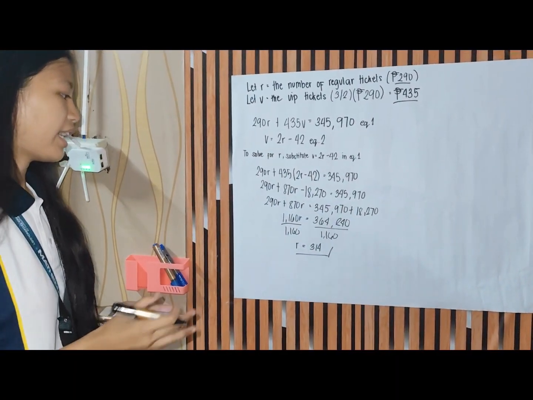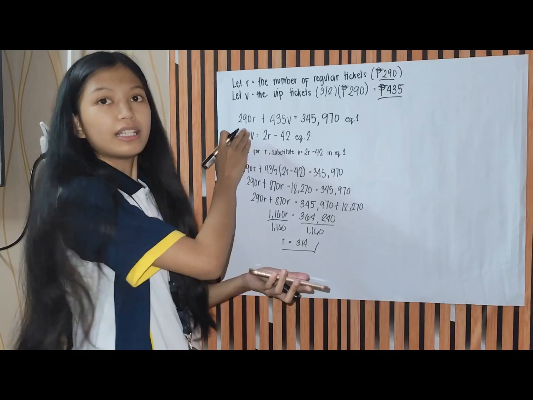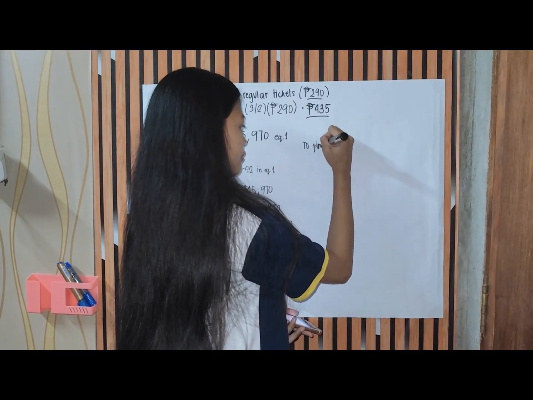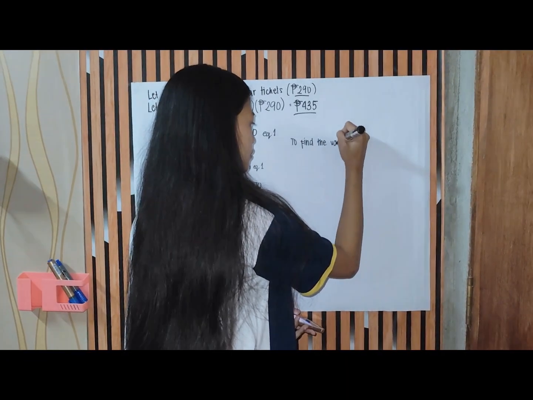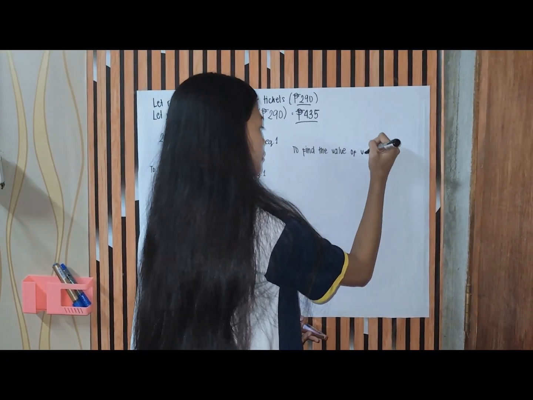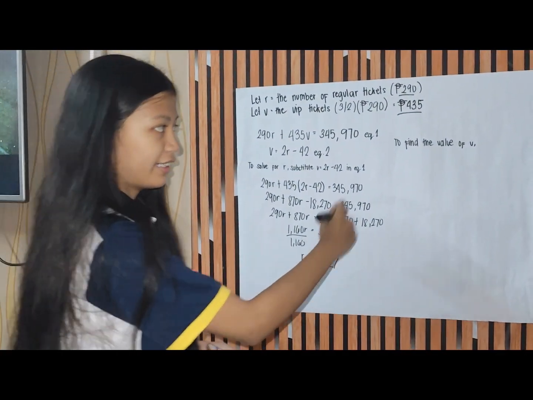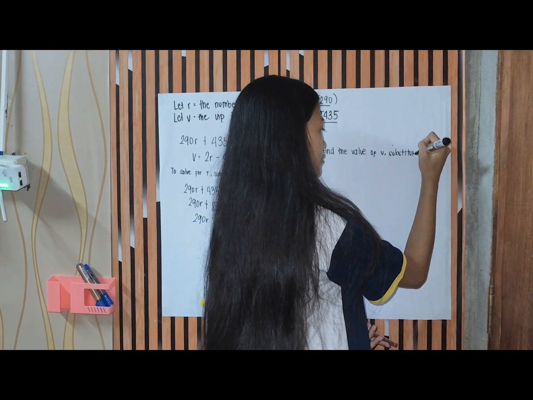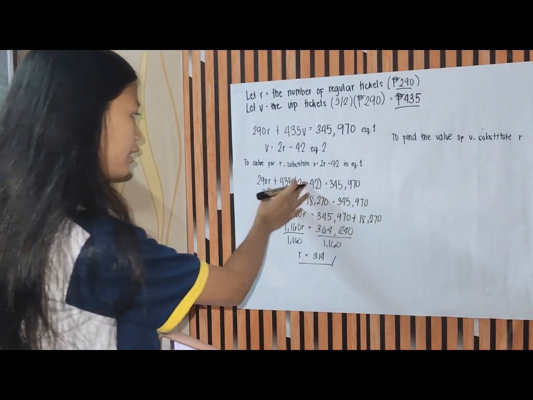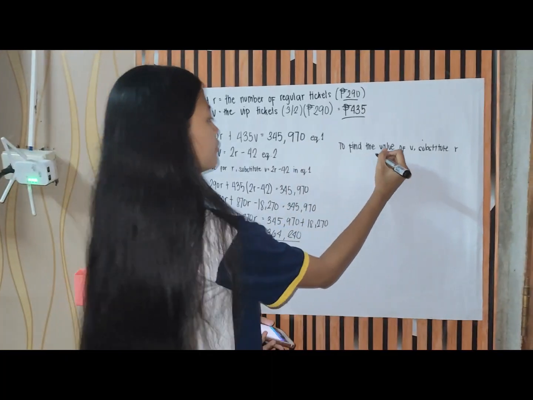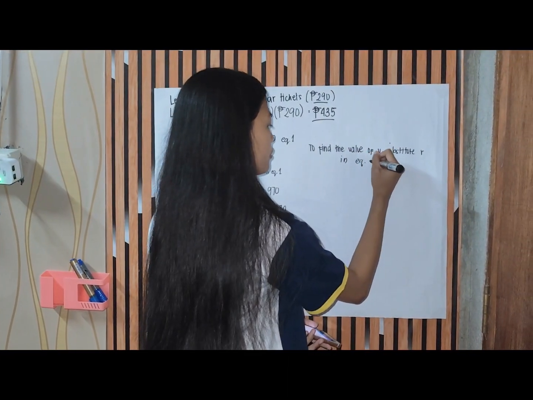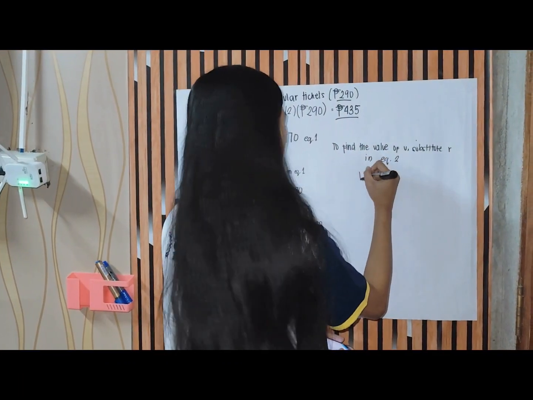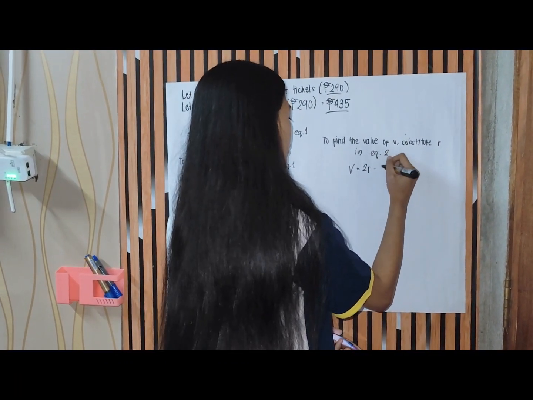And now, since we already have the value of R, we need to find the value of B. To find the value of B, substitute R in equation 2. So this is our equation 2, let us write that down. B is equal to 2R minus 42.